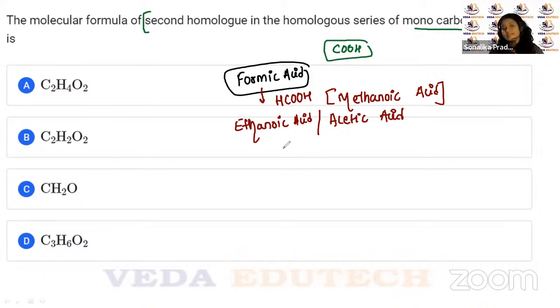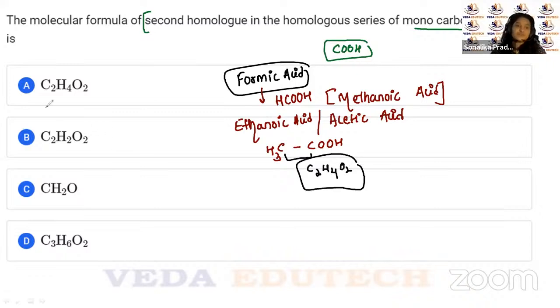That is 2 carbons and COOH to fill the valency. This is the formula. Yes or no, children? So we see that we have 2 carbons here, 4 hydrogens here, and O2 here, C2H4O2, right? And that is present in option A.